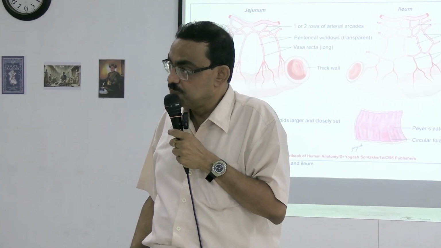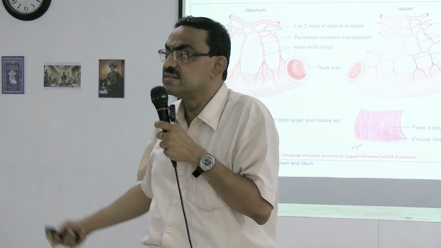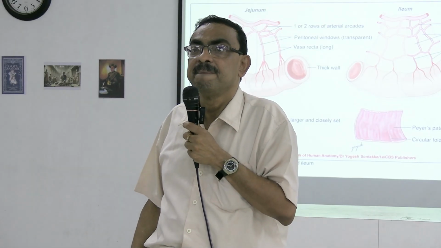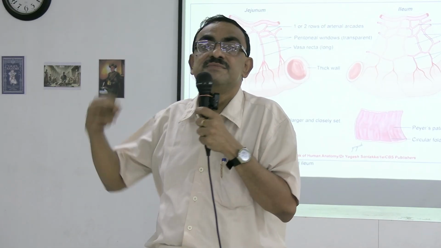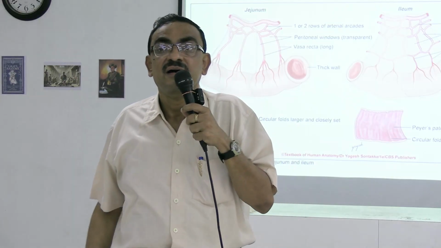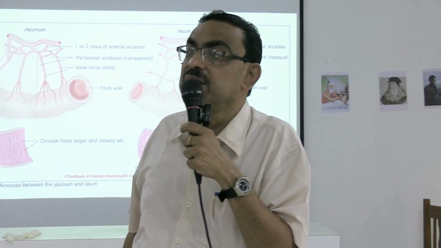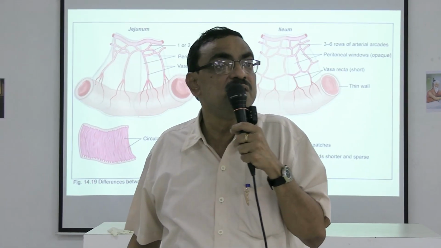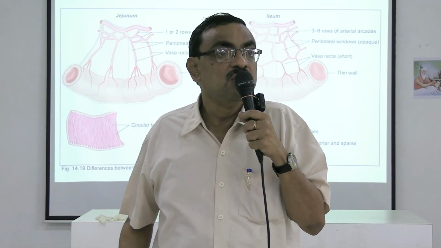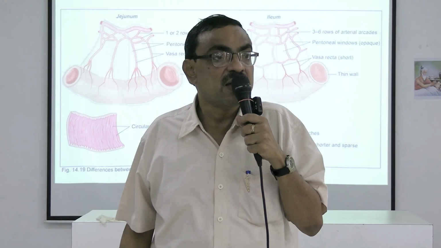From the superior mesenteric artery. What is the nerve supply? There is definitely a viscera. That means the autonomic nervous system will supply.